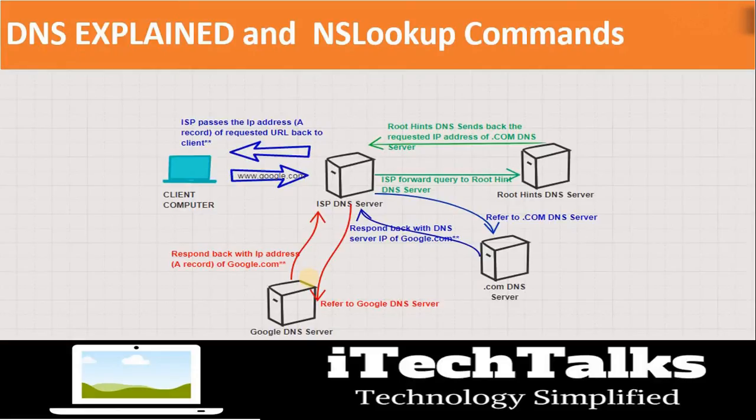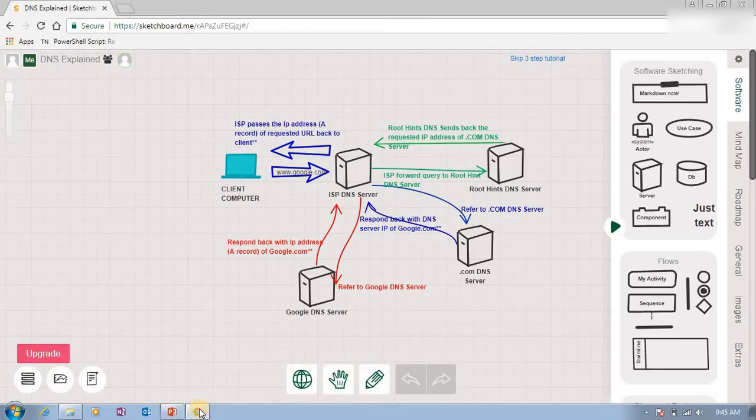So I'll move over to the next slide, which talks about how DNS works. Since we now know what is DNS, instead of moving over to the slide, we'll switch over to an online sketchboard. This is a program that is freely available for anybody to use.